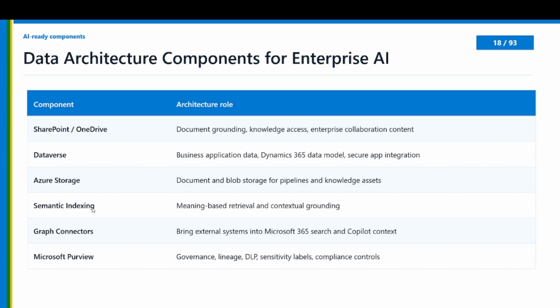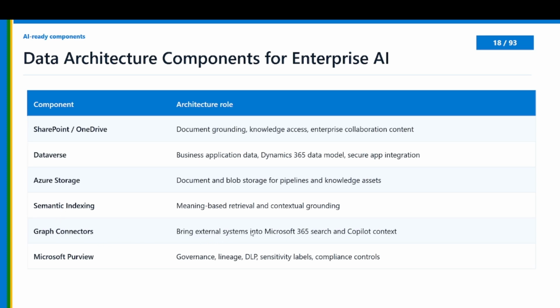Then we have semantic indexing. This is managed meaning-based retrieval and contextual grounding. So semantic indexing data is stored in Azure AI Search, PG vector, or Azure SQL database for semantic indexing, or Azure Cosmos DB. And then we have graph connectors.